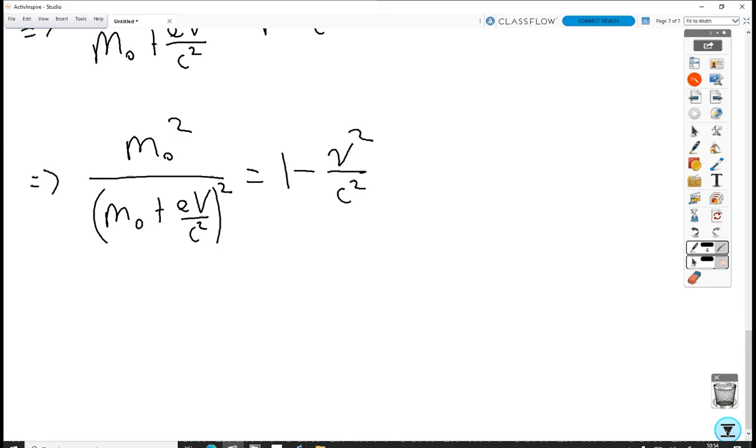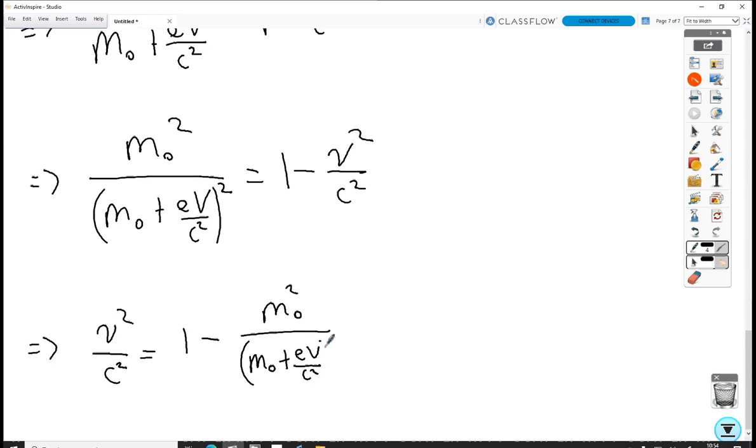Rearrange to put v squared over c squared on one side. So we'll bring that to the left and bring all the left terms to the right. So v squared over c squared is equal to 1 minus m naught squared over brackets m naught plus EV over c squared brackets squared.